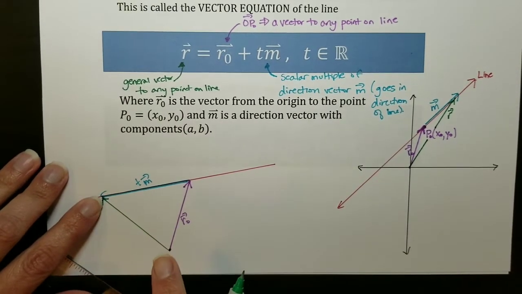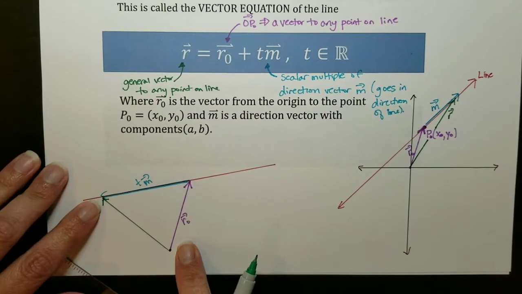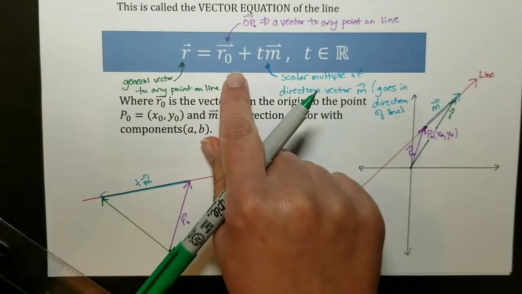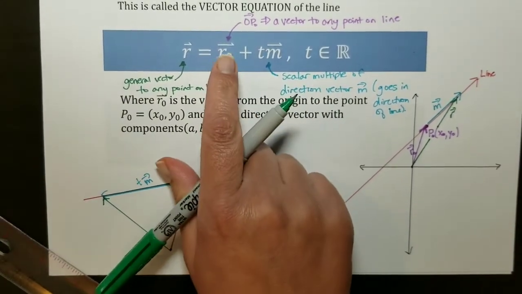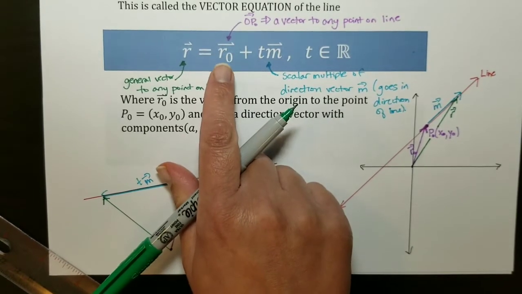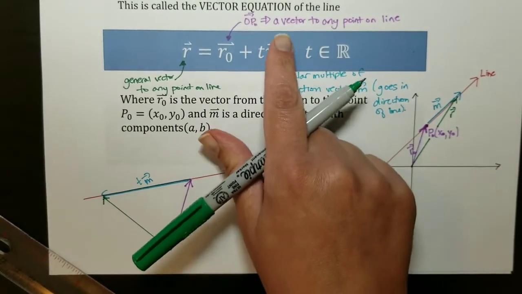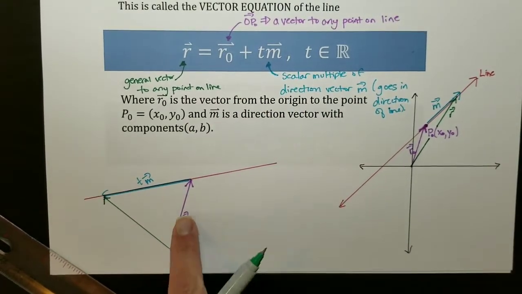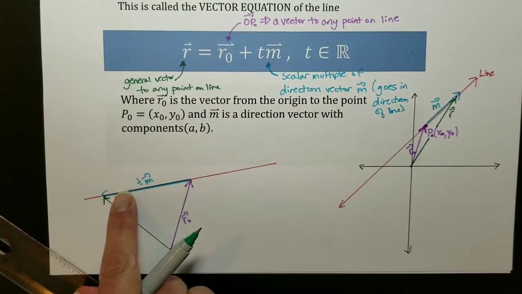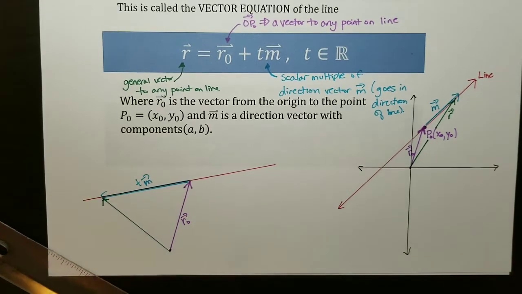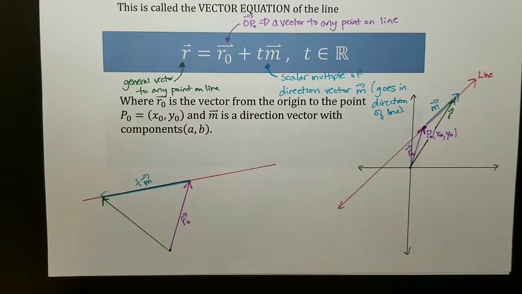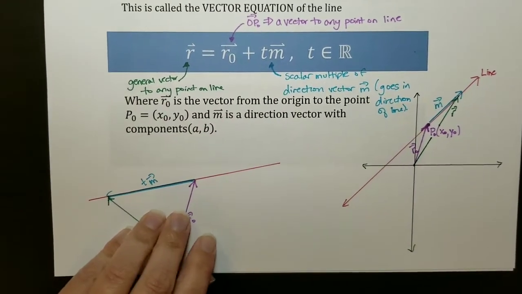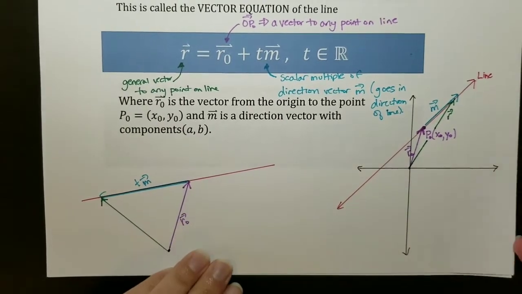So it's really important to recognize here, the first one that doesn't have a scalar multiple, that's getting you to the line. That's a point on the line. And the second vector is going to be the direction of the line. That's like get to the street and then walk up and down the street to look for the certain house. So that's what we're going to be using as our vector equation of a line in R2.